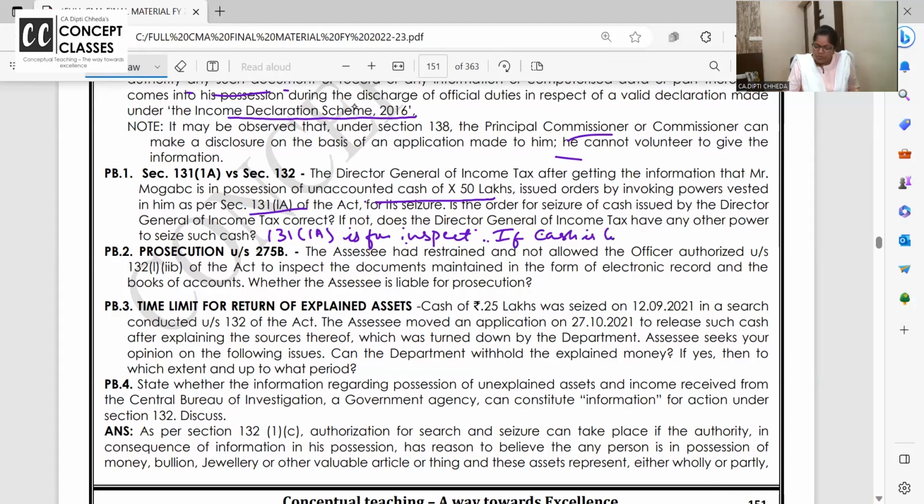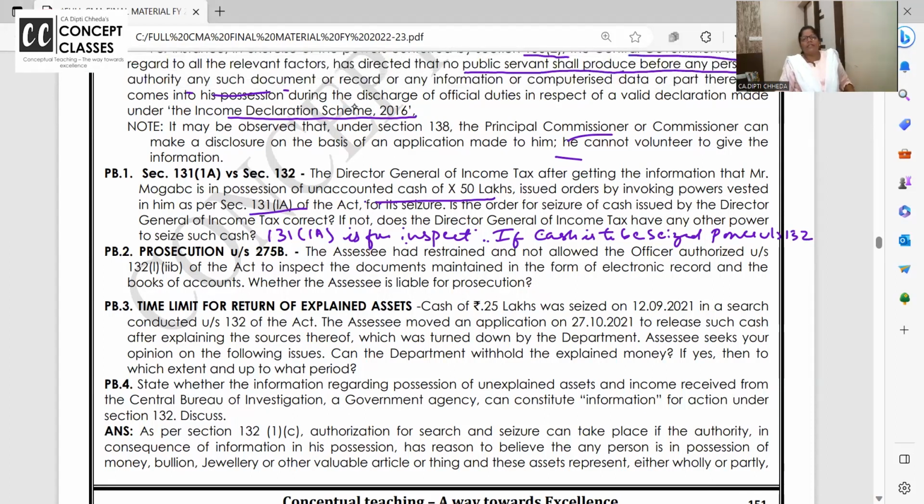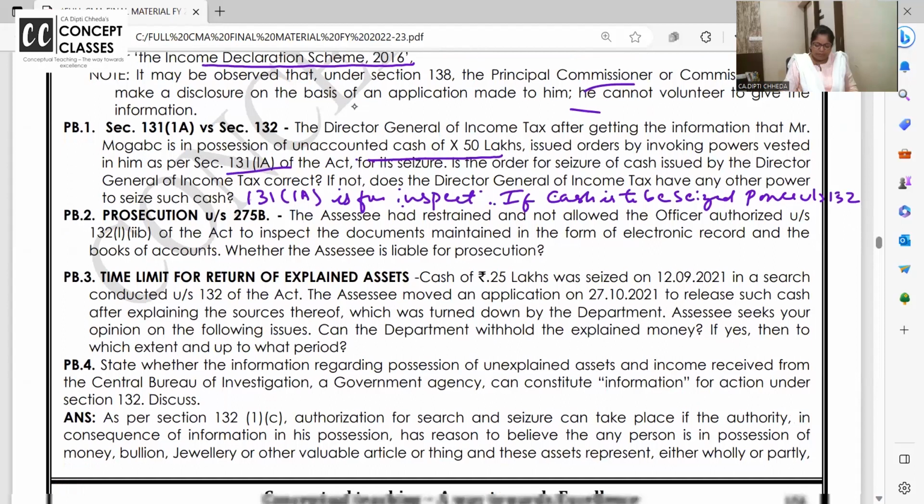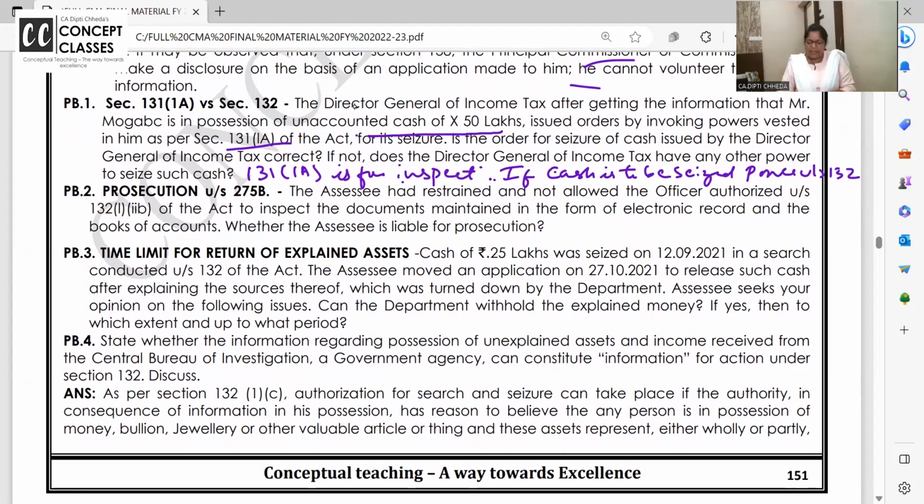If cash is to be seized, power under section 132. समझ में आ रहा है आपको? अगर आपको लग रहा है कि अनअकाउंटेड कैश है तो why you are issuing him notice under 131 कि ये रूम में आना मिलने ये वो, you can do the raid and then you can seize the cash, unaccounted cash and all. Clear? Next, write down the answer.